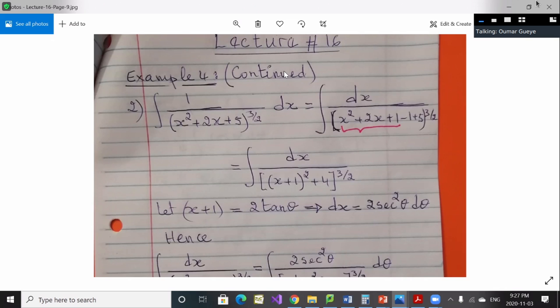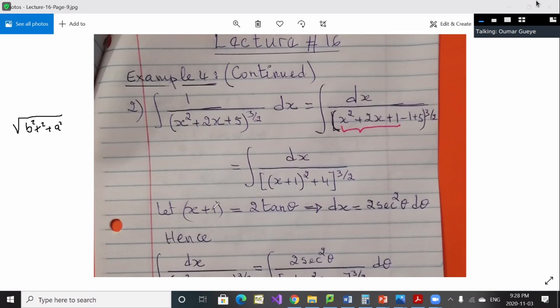It means we have this situation here, square root of b squared X squared plus a squared.